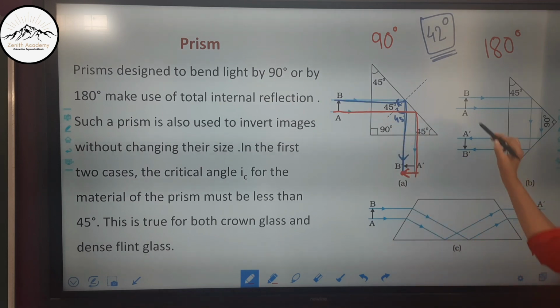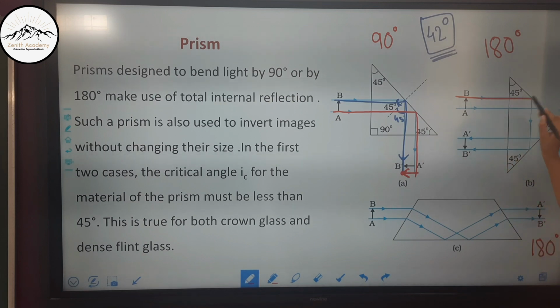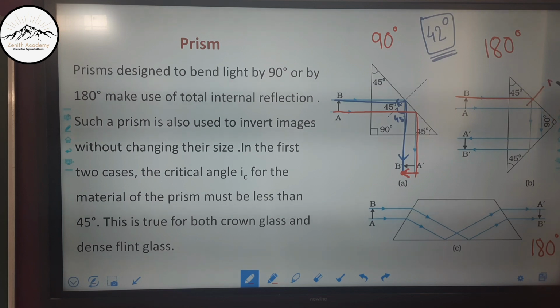Now in this case, if you see, this is the incident ray from the top of the object, and this is from the bottom. So here if you see in this triangle again, this is 45, this is 90, so this is 45. If I draw a normal here, this is 45. 45 is more than the critical angle, so making the same angle of 45 degrees, it will come here.